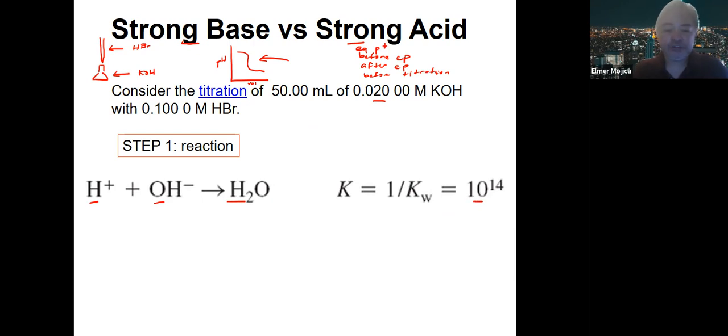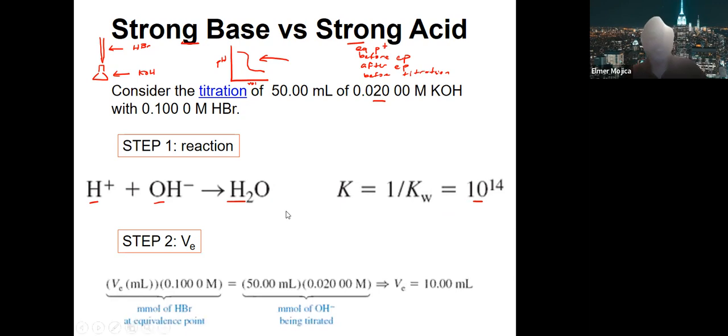Now step 2, just like what we did in the titration two weeks ago, is to determine the volume of the other one at the equivalence point.